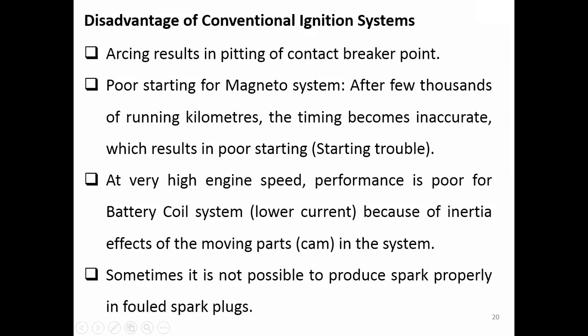The reason it provides a lower current at high engine speed is because of the inertia effects in the moving part, which is the cam, right? When the engine moves at high speed, the cam has to move faster and faster, and that creates inertia effects in the system. Okay, so the performance is poor at high engine speed.